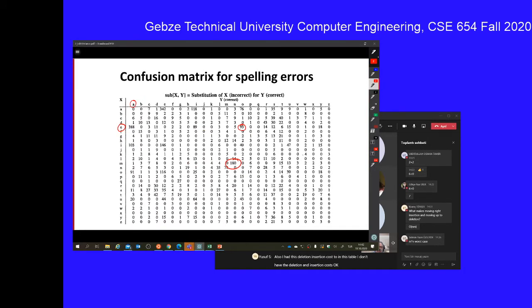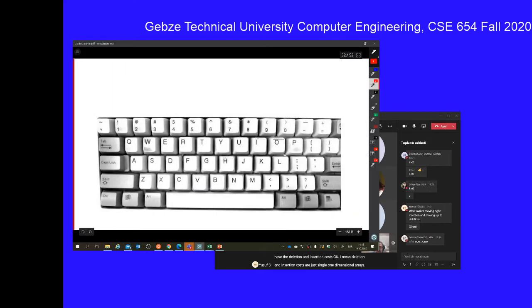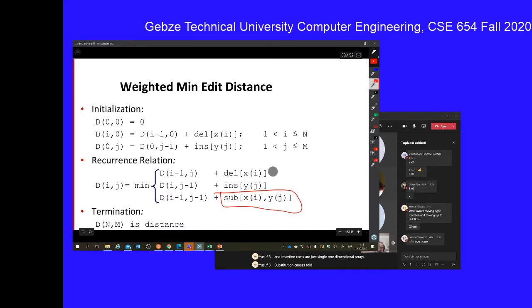Deletion and insertion costs are just single one-dimensional arrays. Substitution cost is two-dimensional. So this is weighted minimum edit distance, and it is language specific, and it might even be person specific. Good. Okay, any questions?